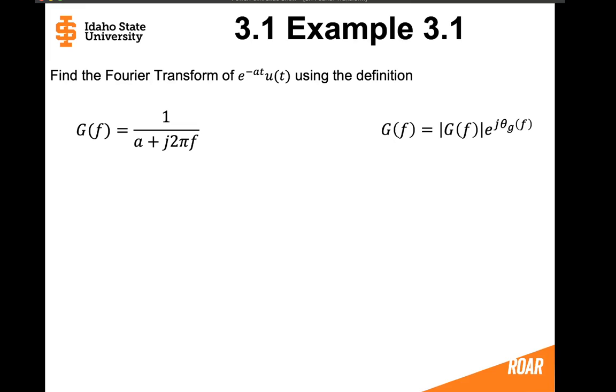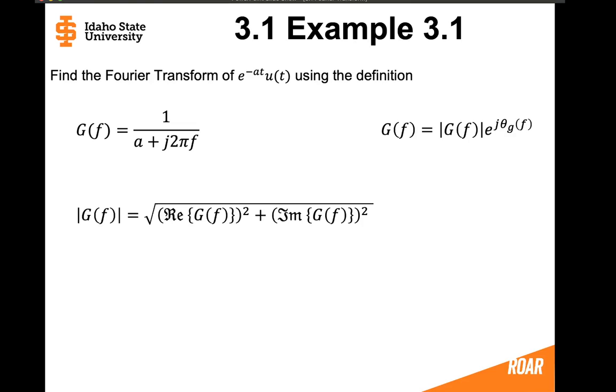So remember, we could rewrite our frequency spectra as being equal to the magnitude multiplied by an exponent raised to j of the angle, where the magnitude of the frequency response we can call the amplitude response, and that theta g we can call the angle or the phase response.